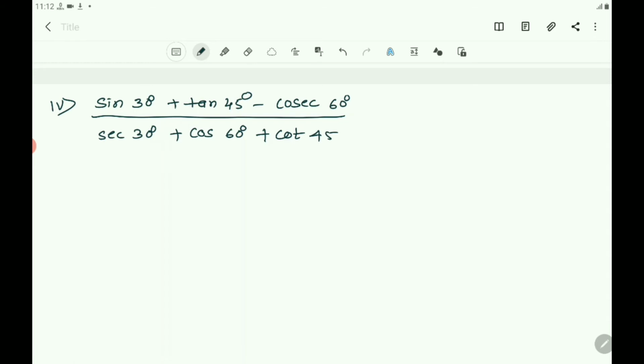Here we have to evaluate sin 30 degree plus tan 45 degree minus cosec 60 degree, by sec 30 degree plus cos 60 degree plus cot 45 degree.